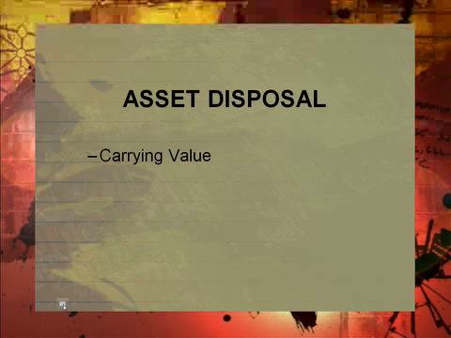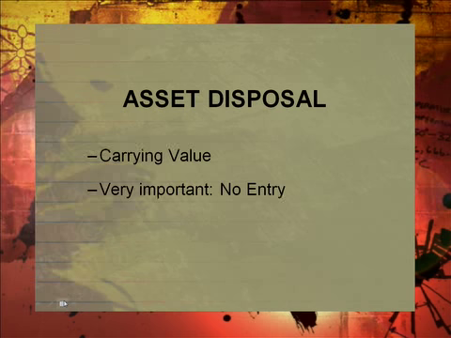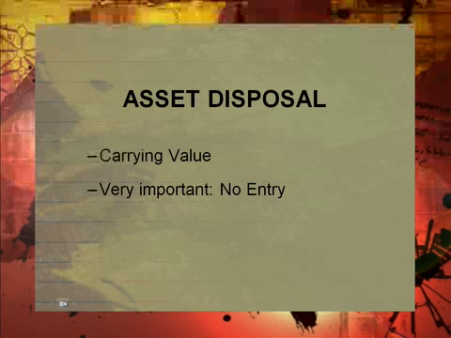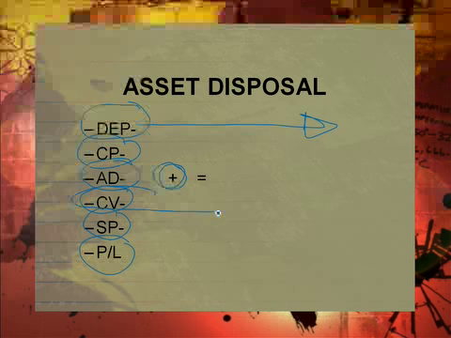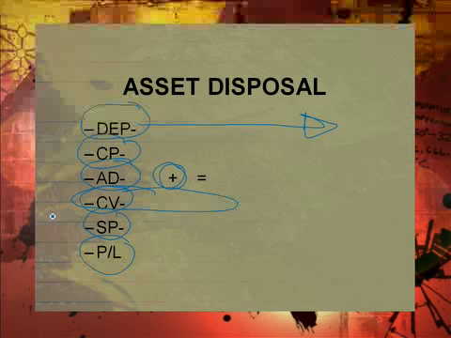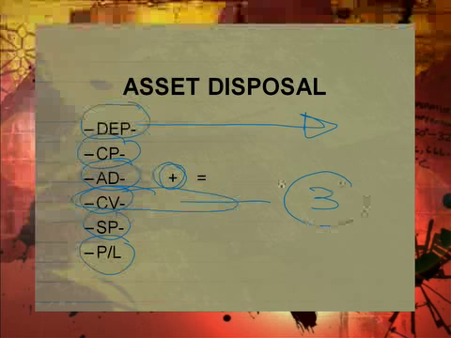Now the carrying value, the third component. What entry is there for the carrying value? Very, very, very important. No entry. That's right. Let me take you back here. This one here is of particular importance. This carrying value has no entry in our books, but a very important 3 must be placed there.